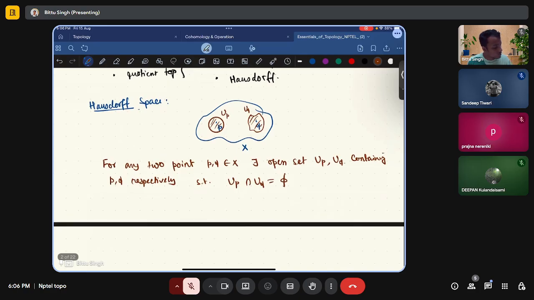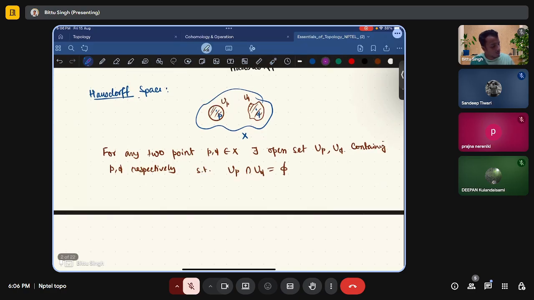So, Hausdorff space means you can separate any 2 points in that space by two open sets. Let us see some examples of Hausdorff spaces. First of all, R is Hausdorff, right? Real numbers. Choose any 2 points, P and Q. You can always separate them by open sets.